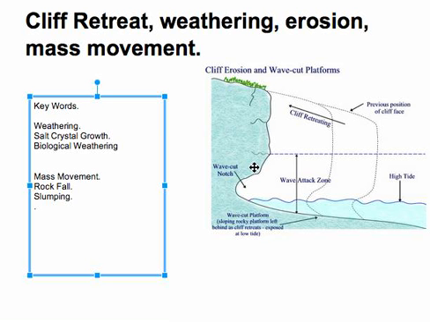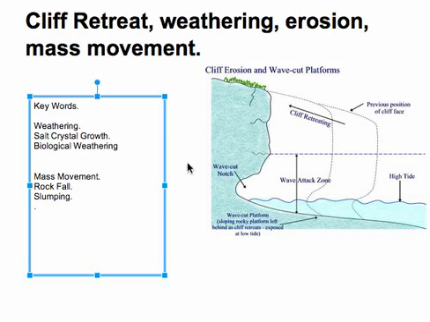But there are other things going on as well. Eventually this section of the cliff will fall down, but while that is hanging there, it's also going to be weathered. So first of all, we need to have a think about what's going to be causing that weathering. Well, one of the weatherings is going to be biological weathering, and there you can see the trees, the little grass there in this diagram will help to break up the rock.